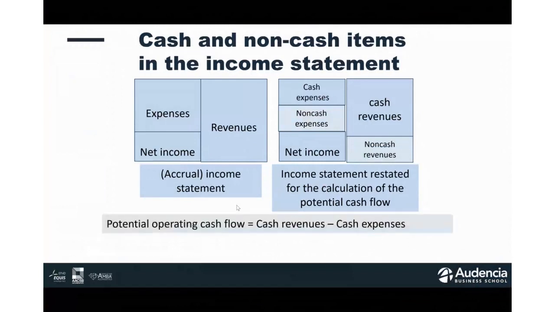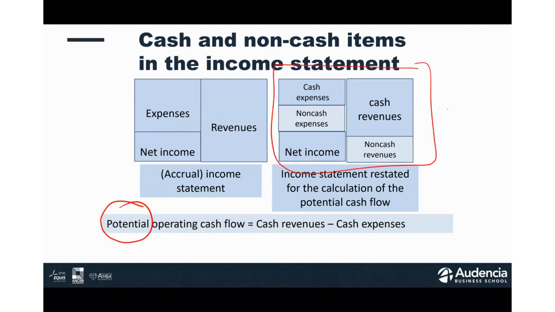So if we keep only the cash revenues and cash expenses, we have what we name the potential operating cash flow. With the indirect methods, we want this potential operating cash flow. Why is it potential? It's because we stay at the level of the P&L.